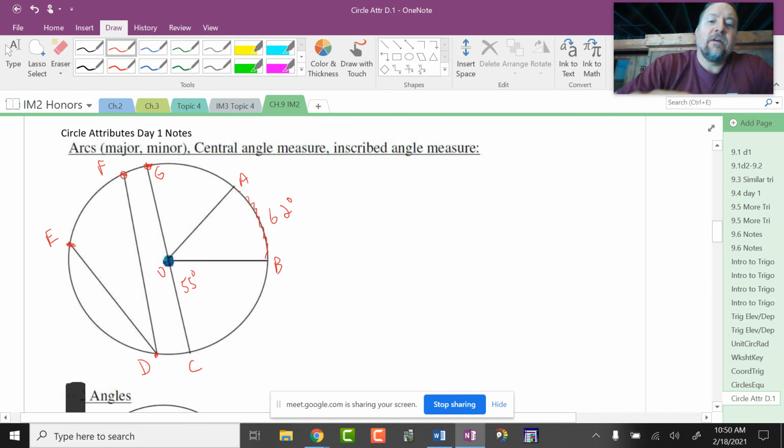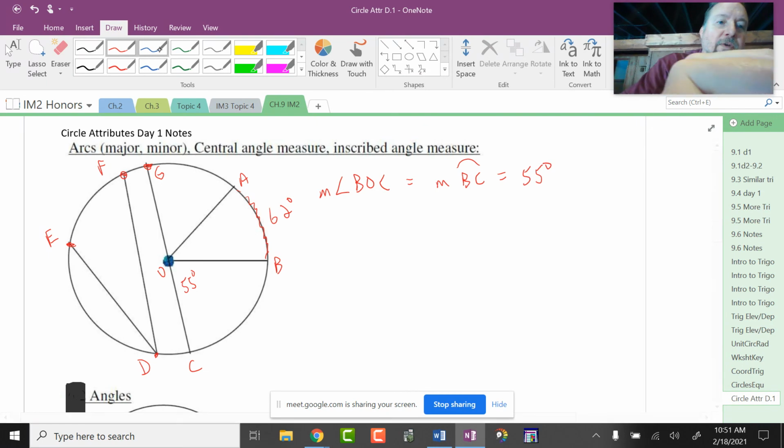Okay, then what you're going to see is, and I've already talked about this relationship here, that an intercepted arc is equal to the central angle that cuts it. So the measure of angle BOC is equal to the measure of arc BC. Just had to get my letters there. So arc BC will also be 55 degrees.